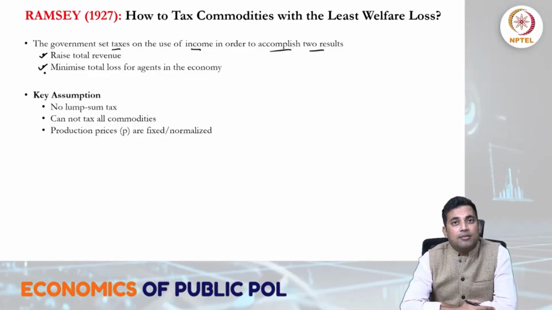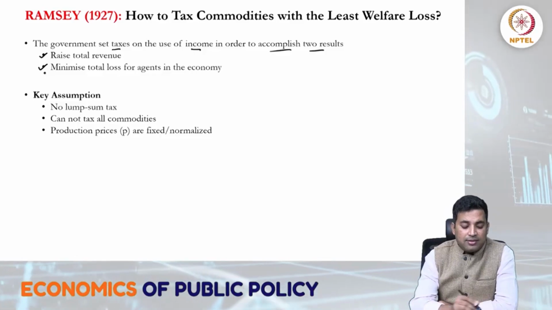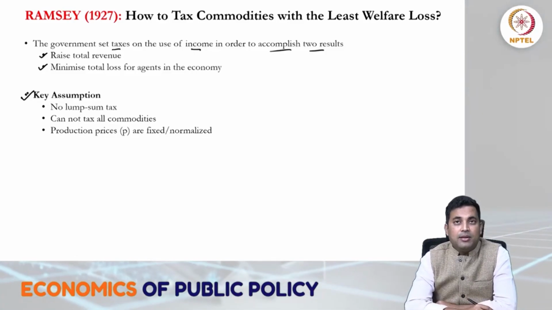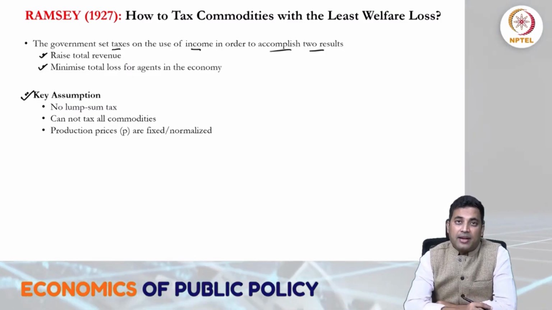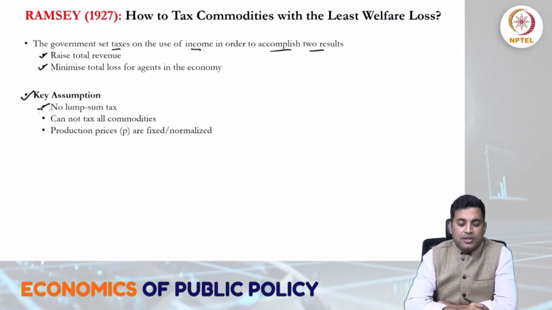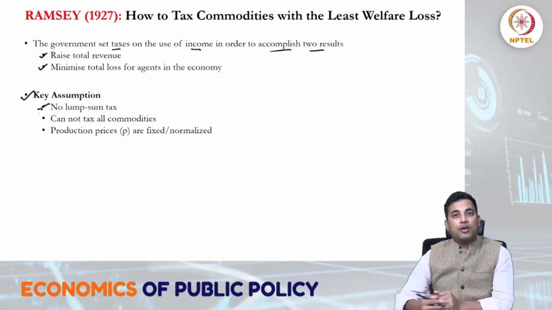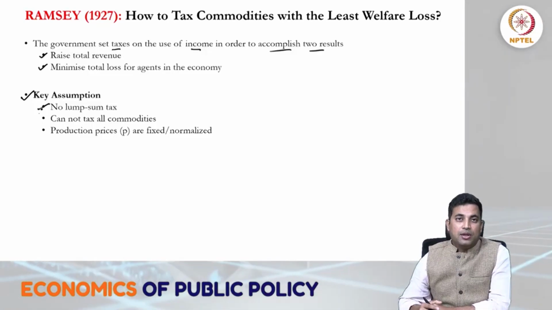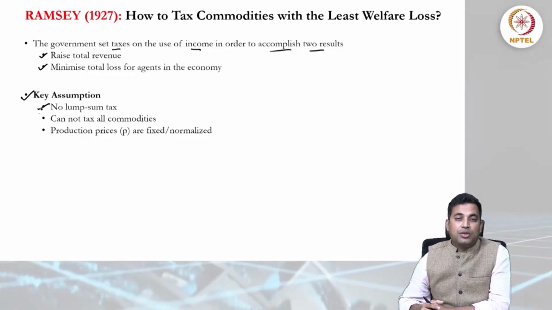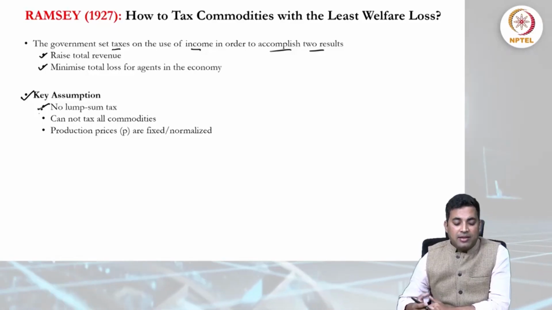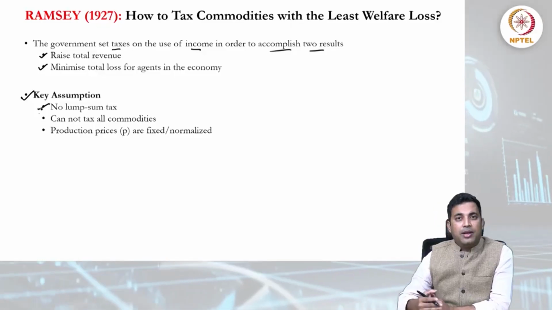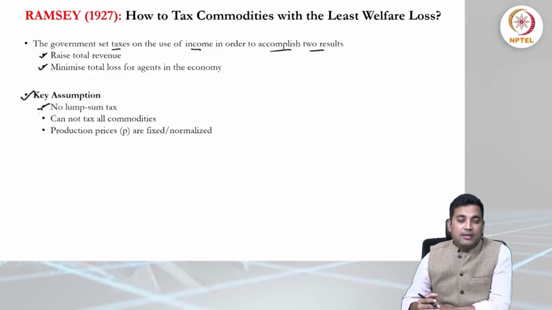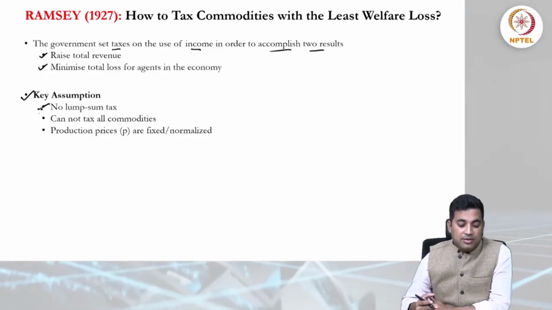So these are the first two points we are looking for from optimal taxation. The second set of points is the key assumptions of optimal taxation. One is no lump sum tax. It is not the case that everybody will be taxed based on the total government spending. We already discussed that and agreed that it is not an optimal taxation situation.